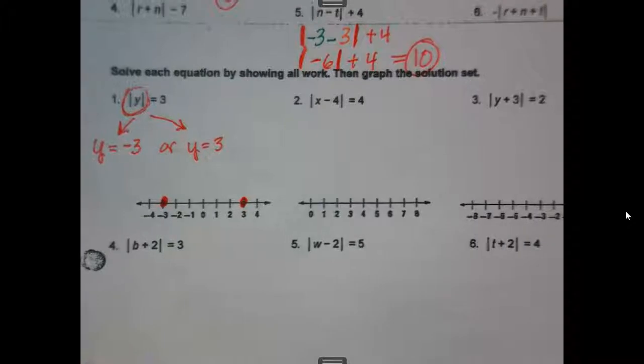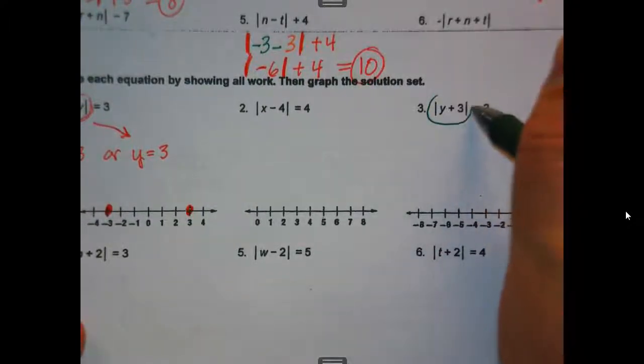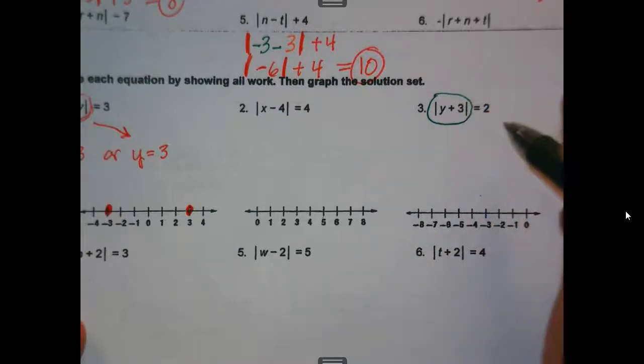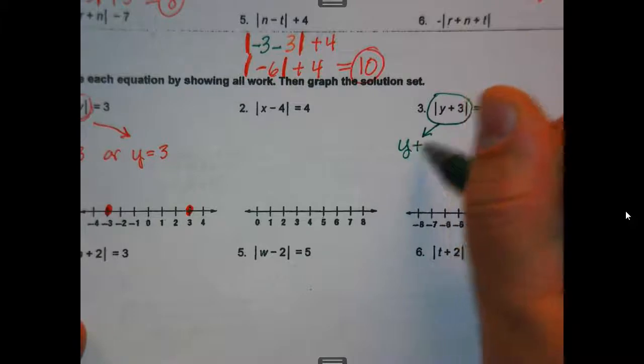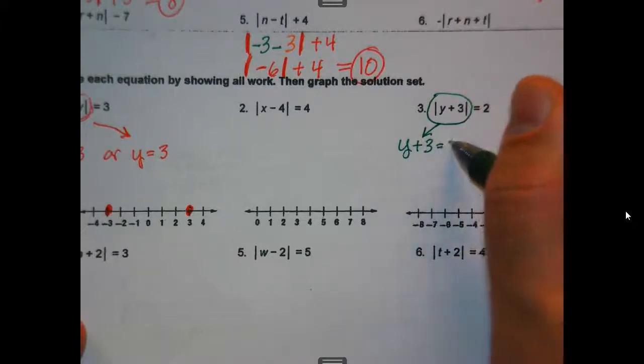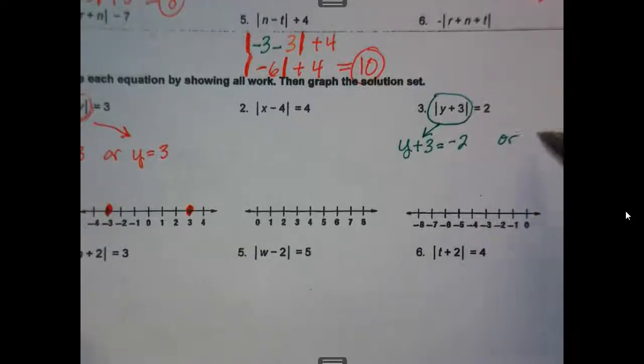Okay, number 3. I have the absolute value of Y plus 3 by itself, so I'm going to split this up. Y plus 3 equals negative 2. I like putting my negatives on the left-hand side. And Y plus 3 equals positive 2.